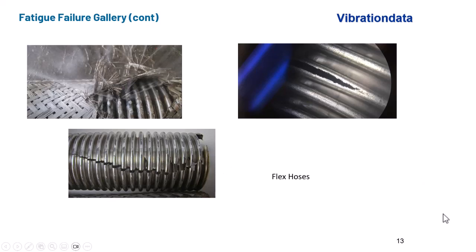So these flex hoses have to be analyzed, tested and designed to withstand cyclical loading, especially if it's an engine on a vehicle where the engine is going to be reused over a course of a dozen or two dozen flights.